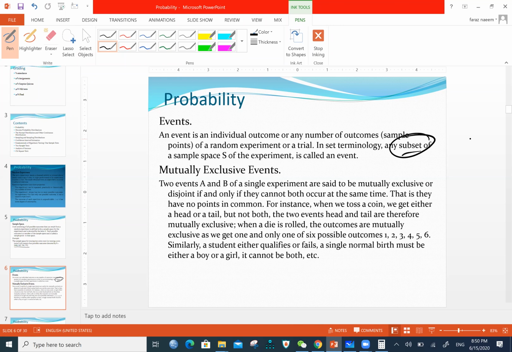For instance, when we toss a coin, we get either a head or tail, but not both. The two events, head and tail, are therefore mutually exclusive. When a die is rolled, the outcomes are mutually exclusive as we get one and only one of the 6 possible outcomes. Either we can get 1, 2, 3, 4, 5, 6. Either a boy or a girl.